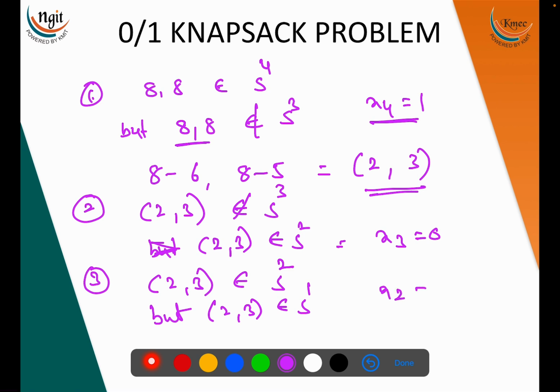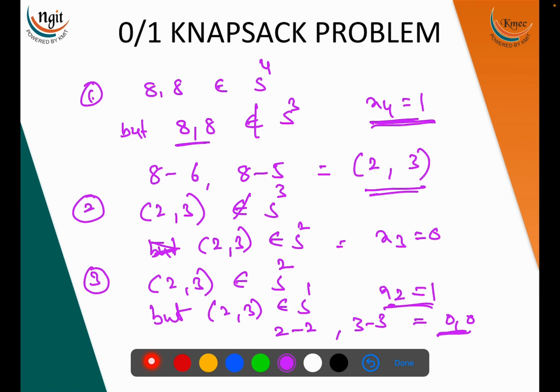That means X2 is included. When X2 is included, 2 minus 2, 3 minus 3, which is (0,0). So the bag capacity is utilized completely with the X4 object and with the X2 object. So finally, out of these 4 items, which items were placed? X4 item and X2 item.